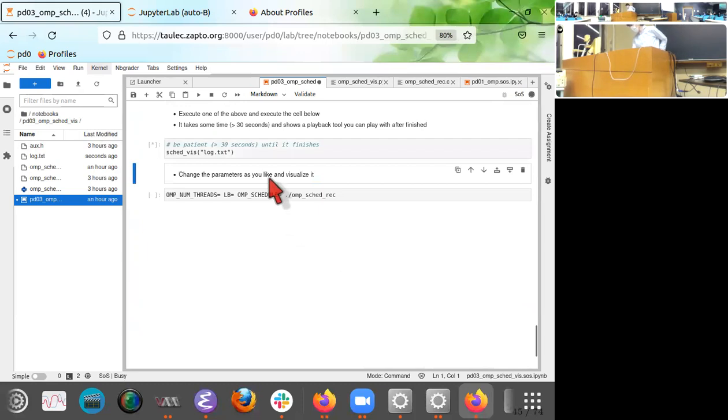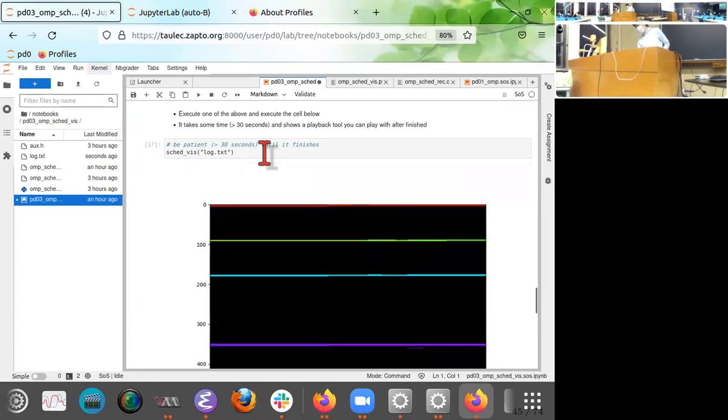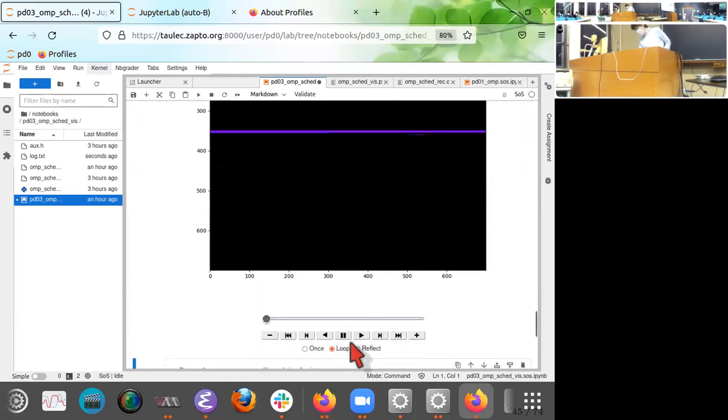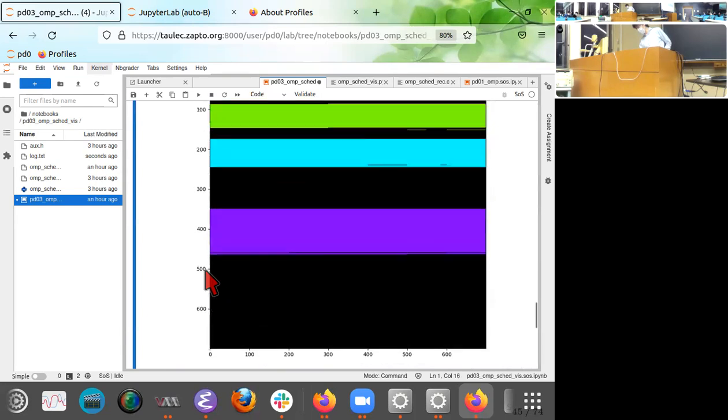It takes some time to process the log. So after a while, it shows the playback that has been shown. So just be patient. Okay, so let me play this. So this is what happened with the taskloop.